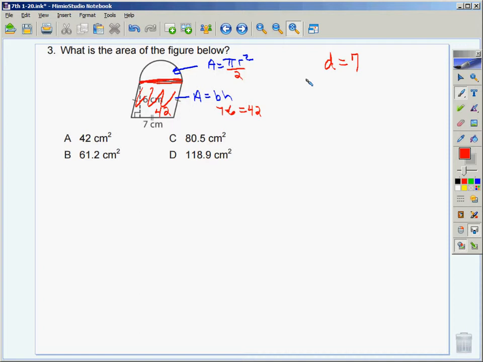But in order to figure the area, I don't need the diameter. What do I need? I need the radius, which is going to be 7 divided by 2, which is 3.5. So when I go to find the area of the piece that's on the top, the semicircle, I'm taking 3.14 times 3.5 times 3.5, and then I'm dividing the whole thing by 2.